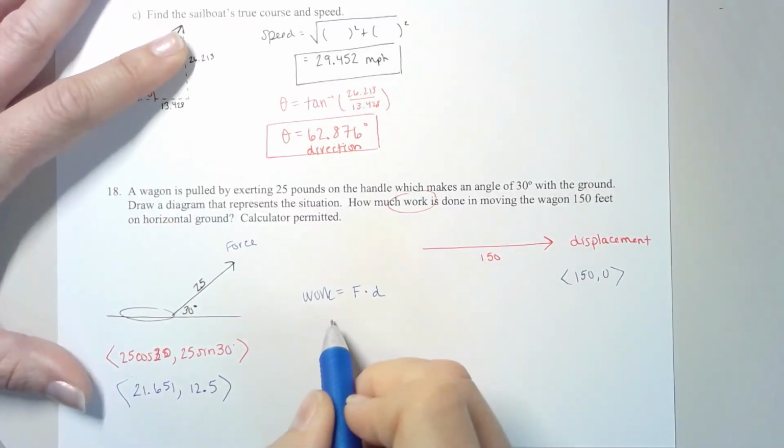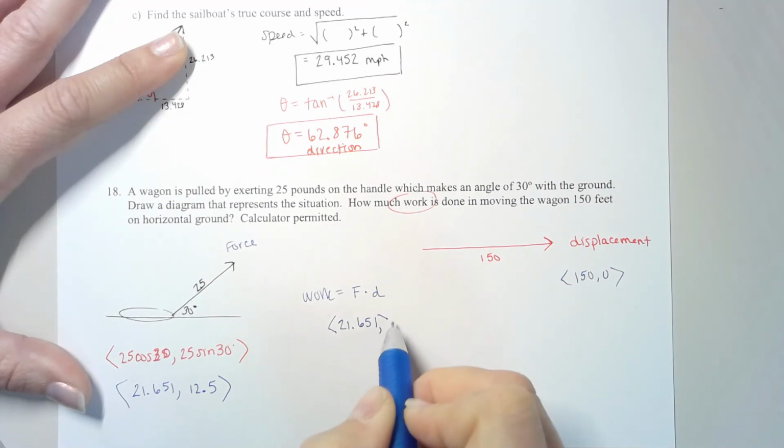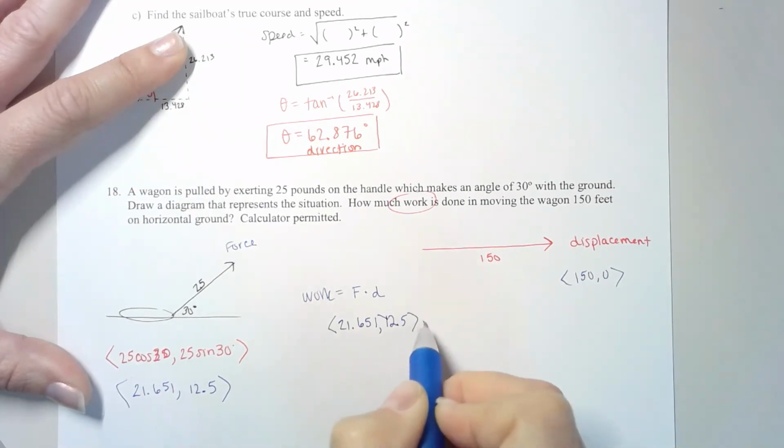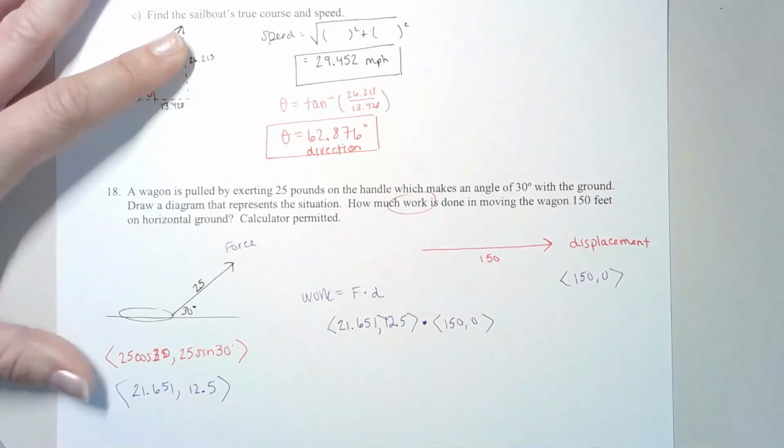So I want to find that dot product of these two, 21.651, comma, 12.5, and 150, comma, 0. So we're going to multiply that 21 by 150. So I'm going to go grab my calculator, multiply it by 150, and I get 3,247.595.